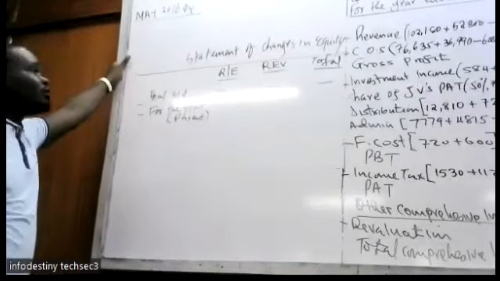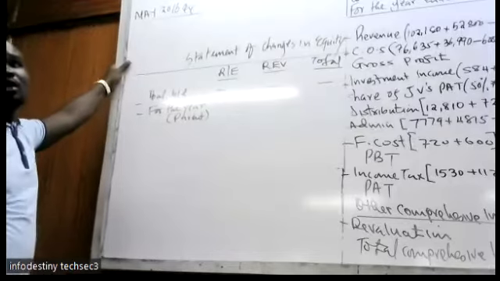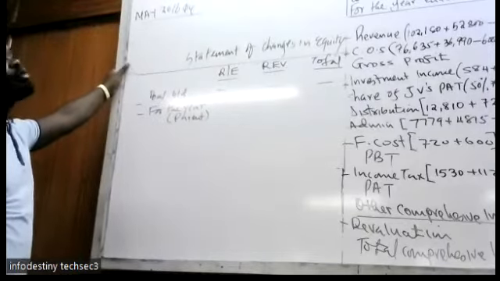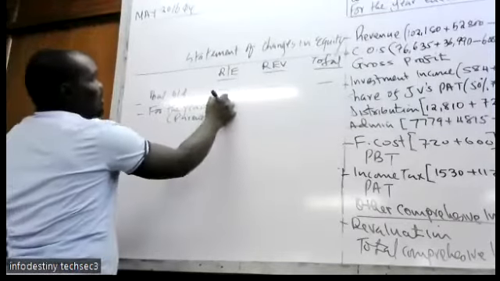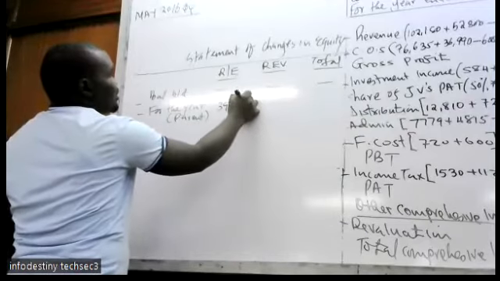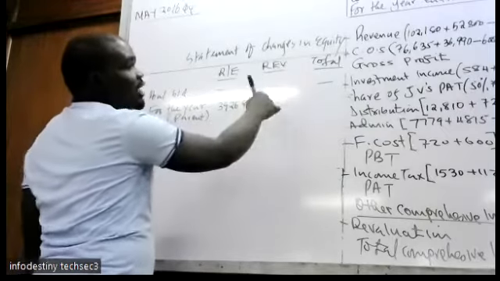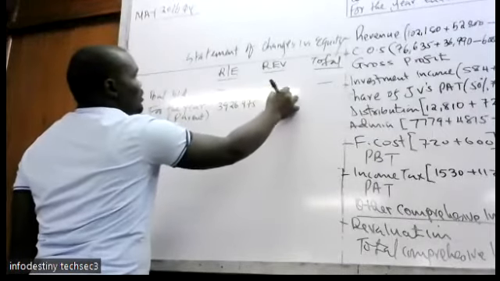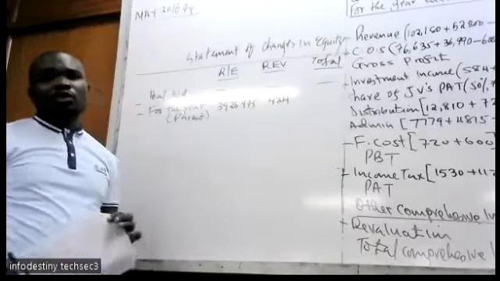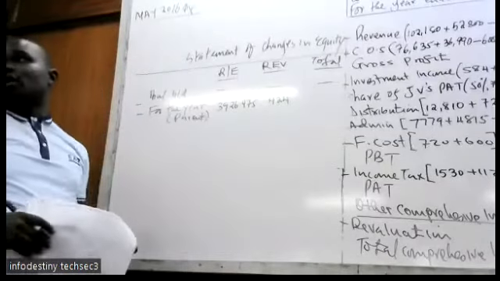Profit for the year attributable to the parent, we have it there: 3,926.97. What about revaluation, the other comprehensive income? 424. We have distributed them there. The last bit of P&L.